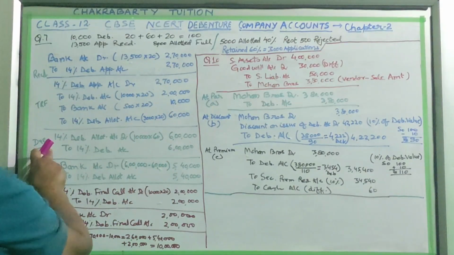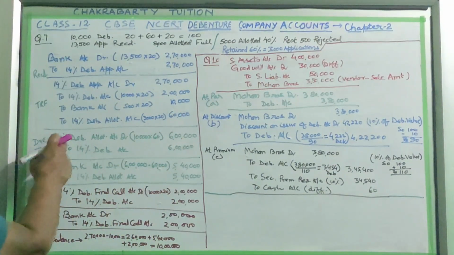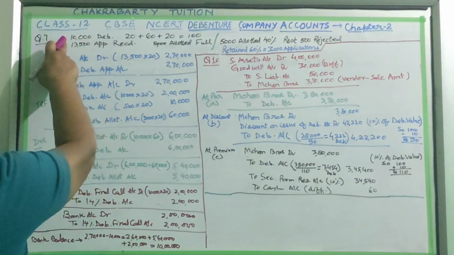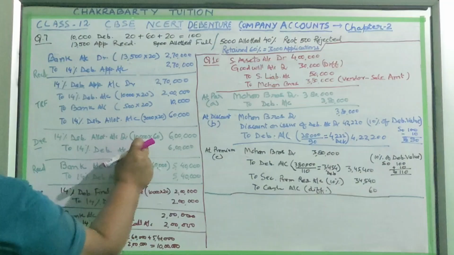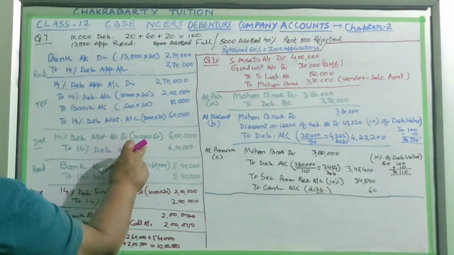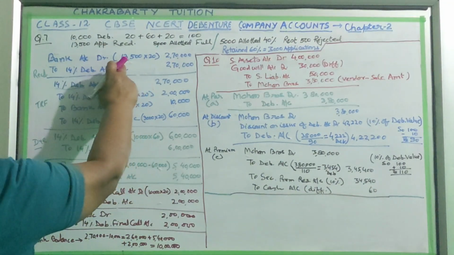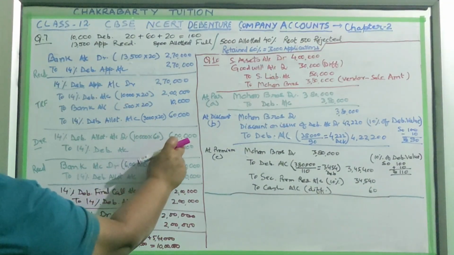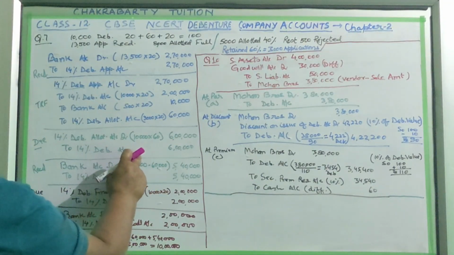Next, the debenture allotment money will be due. It is due on 10,000 debentures because you have issued 10,000, not on the subscribed debentures. So 10,000 into 60 is 6 lakhs, credited to debenture account.